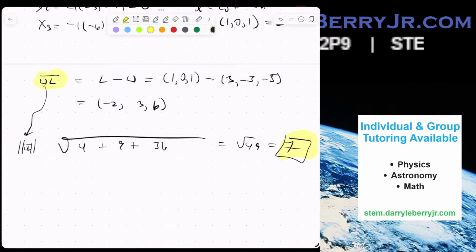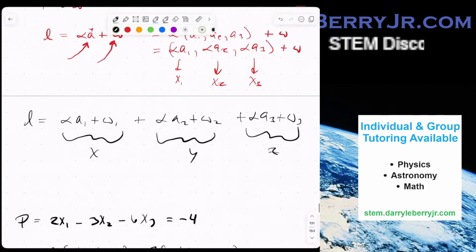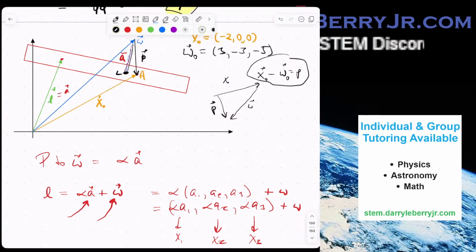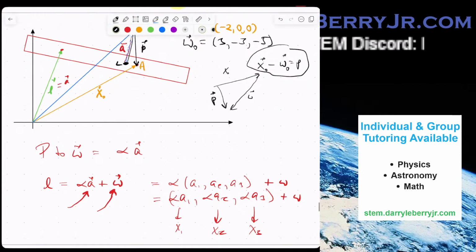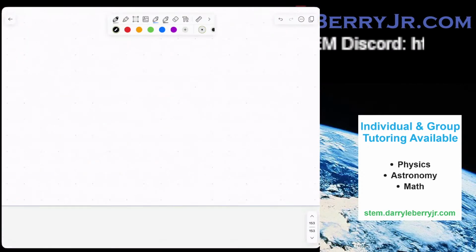So that comes in handy if you're trying to find the length of distance between 2 points, getting that line segment, and then simply getting the magnitude of that line segment, and you get the length of that distance. In this case, it was the projection of P onto A, which is the distance from the point W to the plane. So it's very useful.